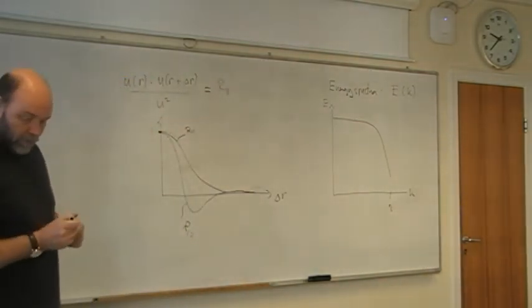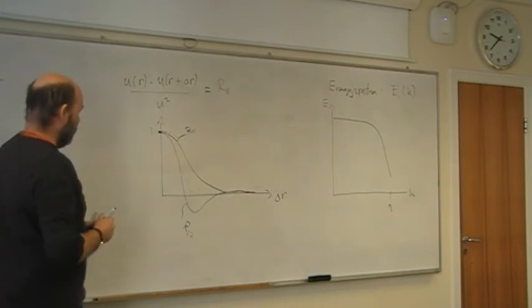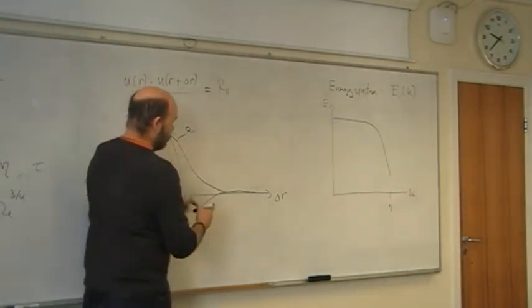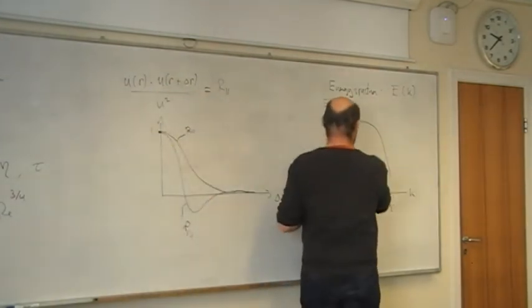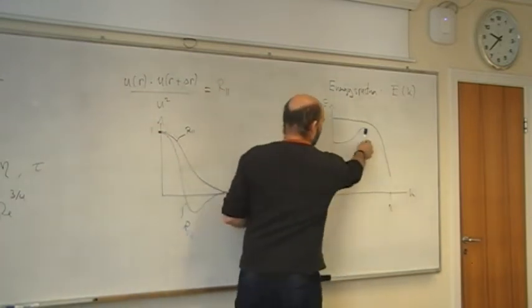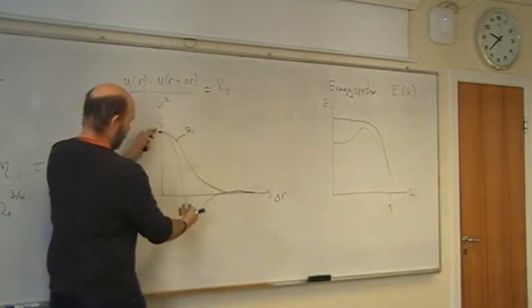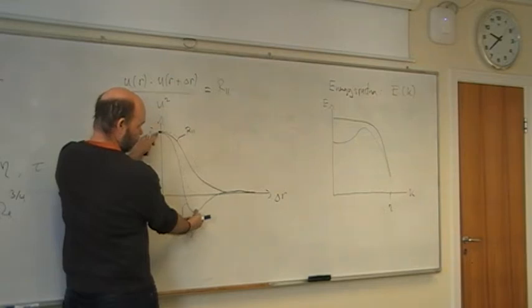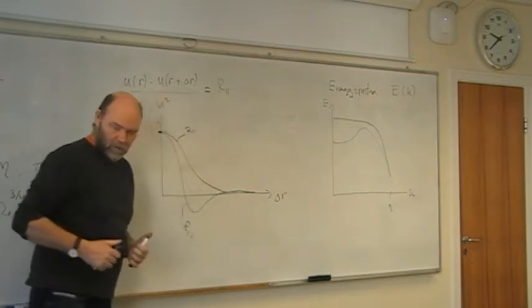For the other one, I will actually have a peak at a certain frequency. So they will typically go something like this and then fall off. So I will have a maximum energy at a scale where you have this half wavelength distance.